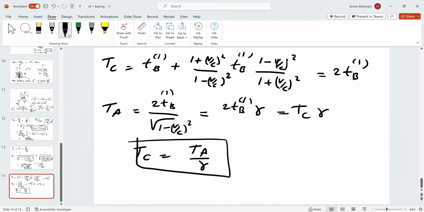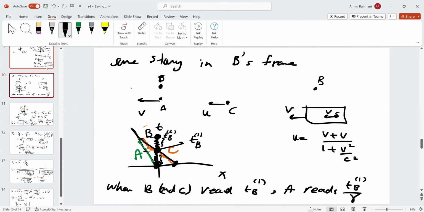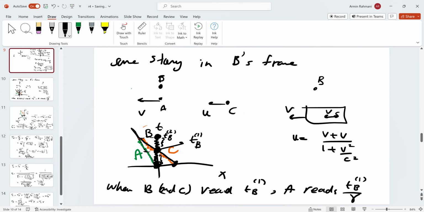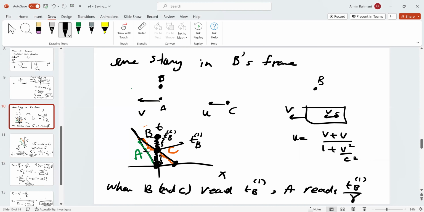Again, C will have a smaller reading. So the ratio of the times on the clocks of A and C when they meet, as seen in a different frame, is the same, and it's in agreement with what we found in A frame.